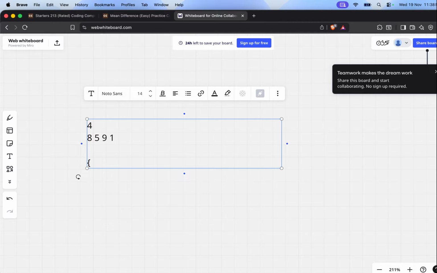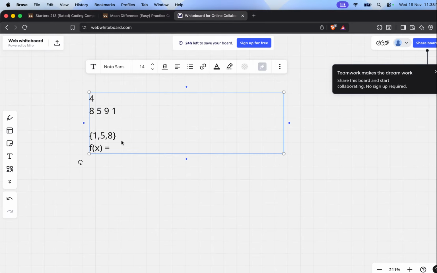Now pick up any subsequence, like 1, 5, 8. And for this subsequence, what is the maximum FB? Take the average. First of all, calculate the average. It's 14 by 3, which is equal to 4.